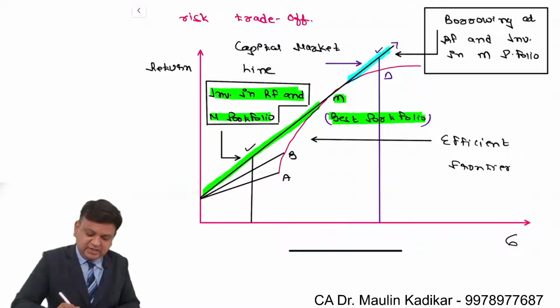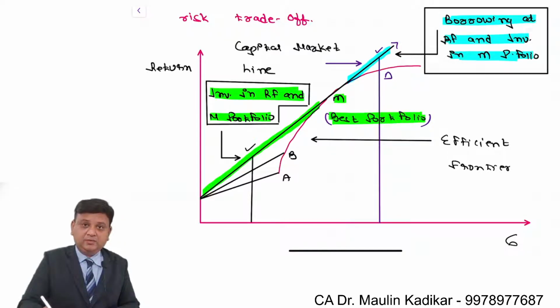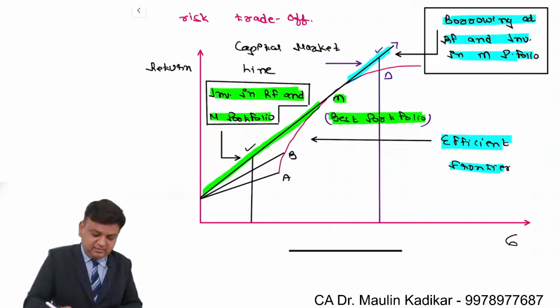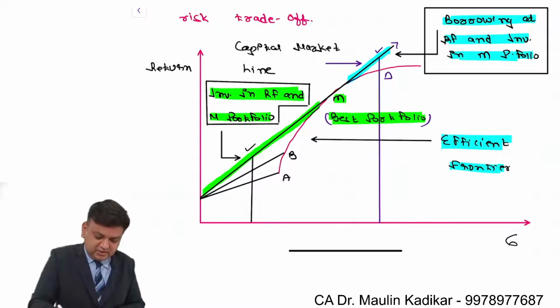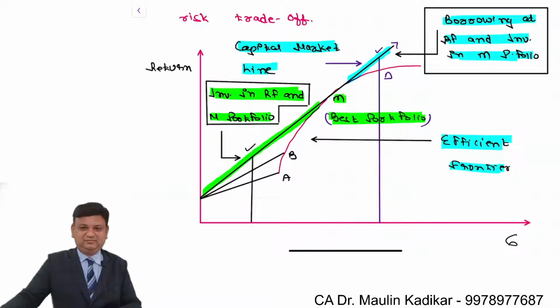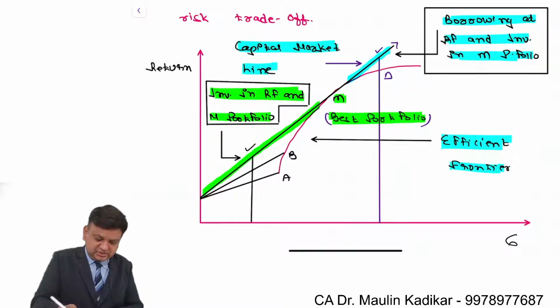This portion is indicating borrowing at RF and investment in M portfolio. This red line is indicating the efficient frontier. And this entire line, that is the combination of RF and M, is given the name capital market line. And of course, this is RF, the risk-free rate of return.